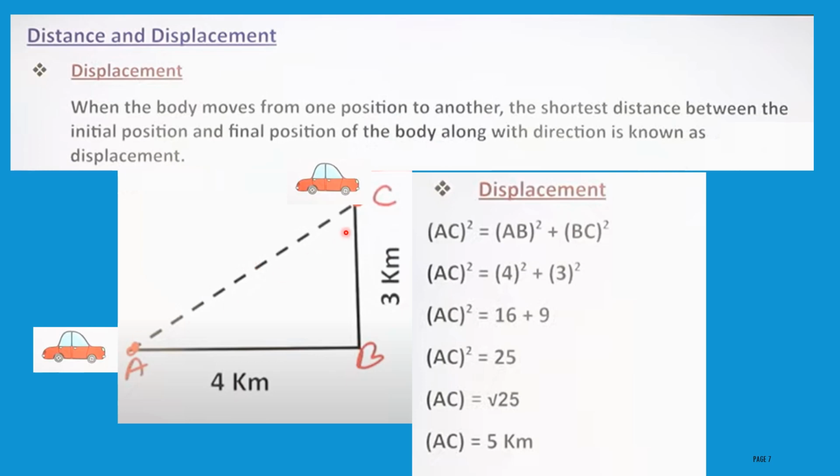The shortest distance we will consider here. We will not consider this path, this is the longest path. We will consider only the shortest path between the initial point and final point. That one you always have to remember. Displacement here we will get is 5 kilometers.